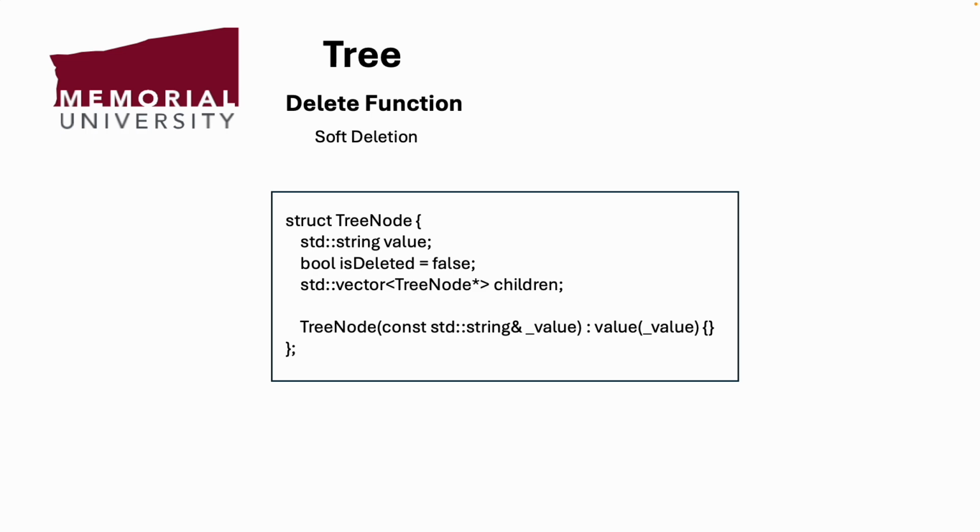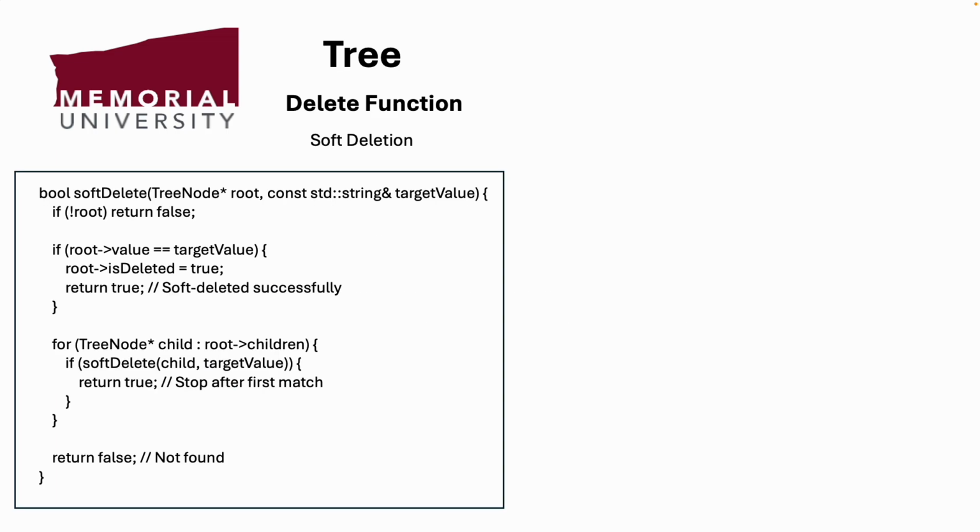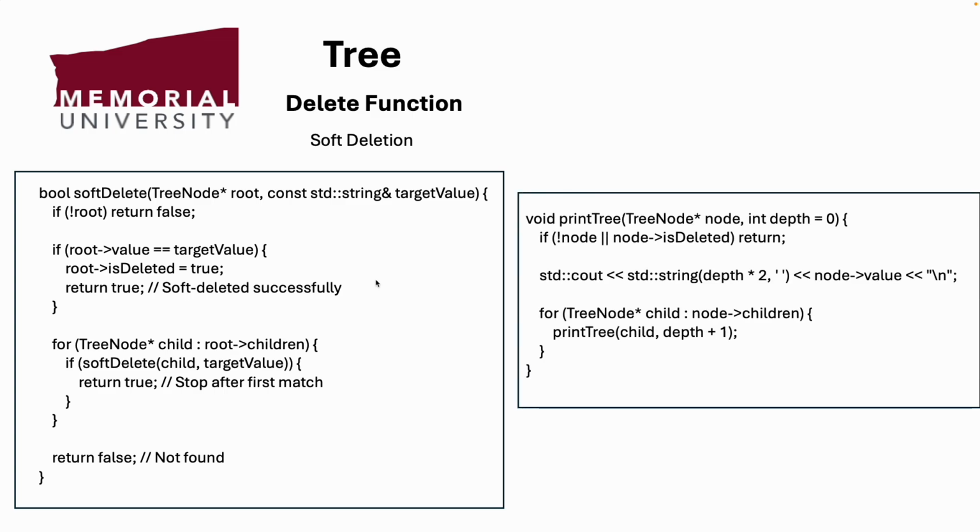You also need to modify the display and corresponding functions to pre-check this true or false to determine whether this node is deleted or not. Here we go, it's regarding the code. You guys review afterward. As I said, you make a soft deletion. Regarding print tree, you also need the precondition to check whether this node is deleted or not.